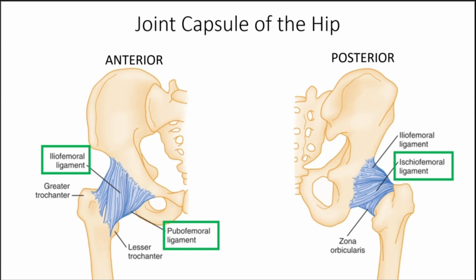Inferior and medial to the iliofemoral ligament is the pubofemoral ligament, which attaches from the anterior aspect of the pubic ramus and extends posteriorly to attach to the anterior surface of the intertrochanteric fossa. Posteriorly, the ischiofemoral ligament attaches from the superior acetabular rim and labrum to the inner surface of the greater trochanter of the femur.